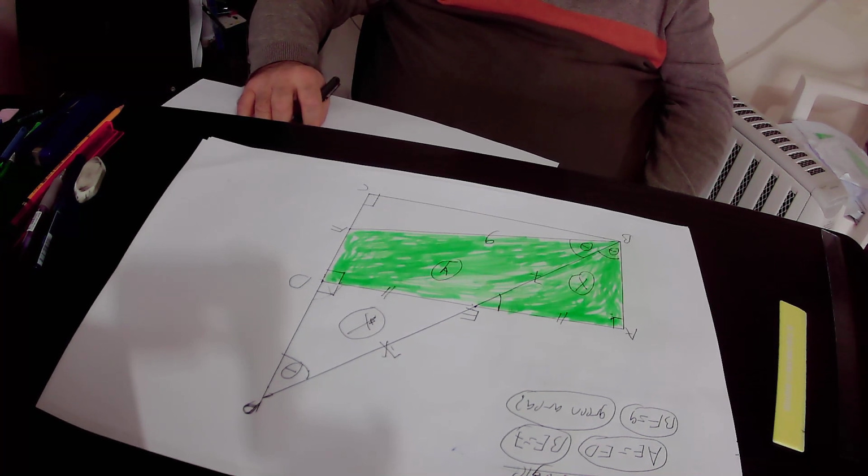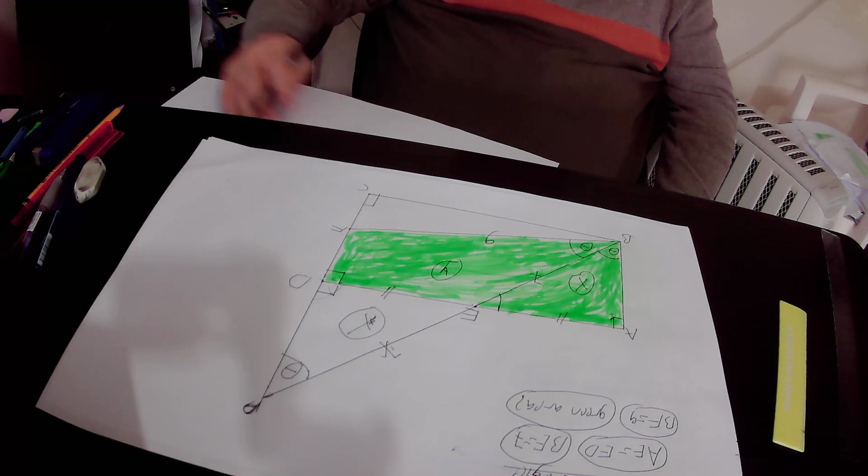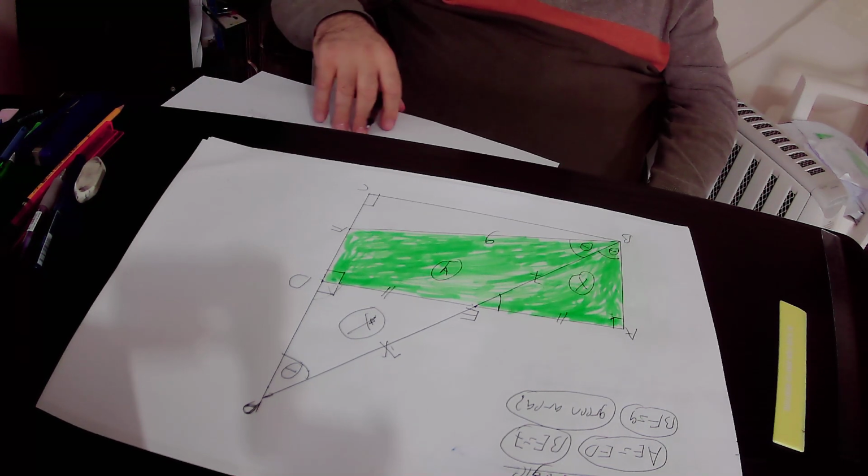And we have rule number 3 that relates to isosceles triangles.